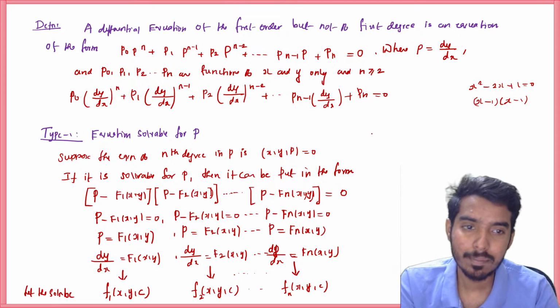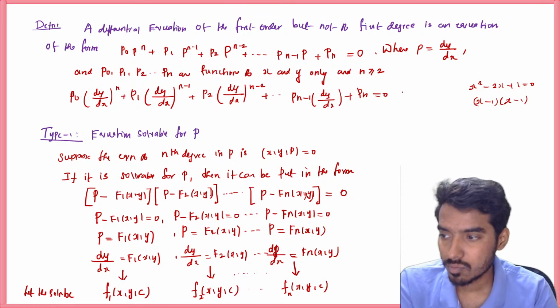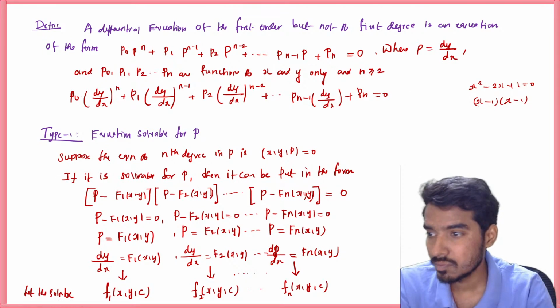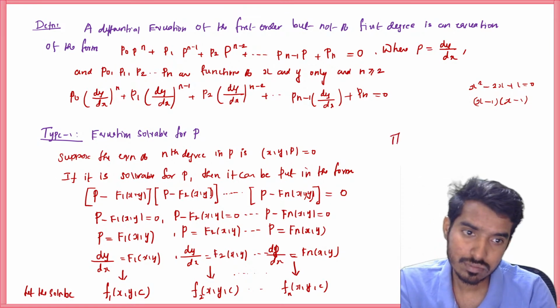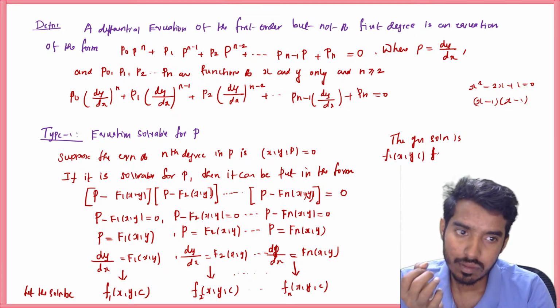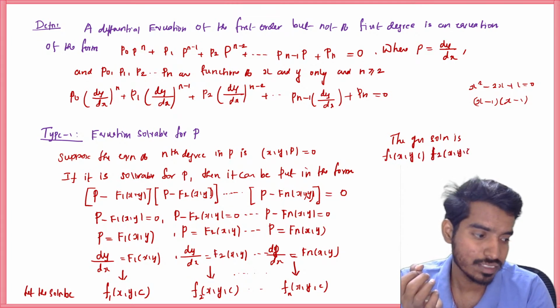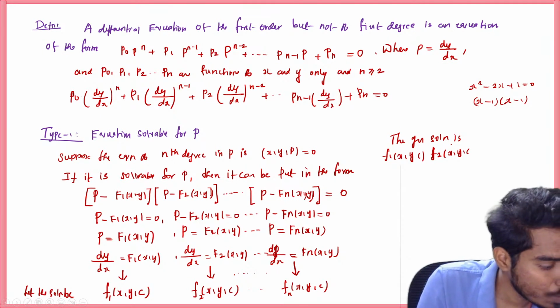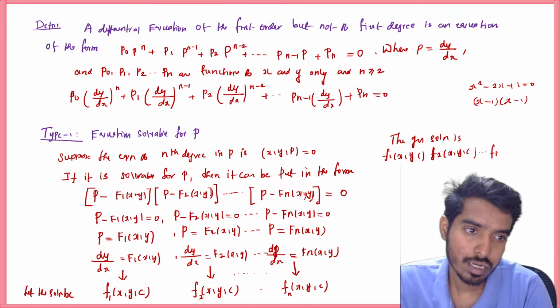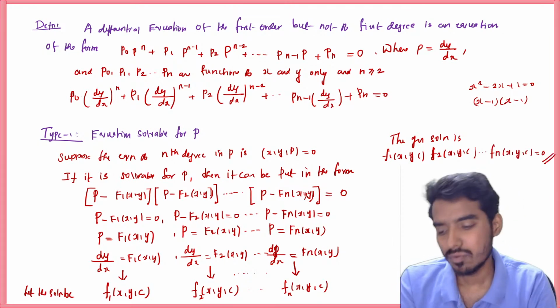So the general solution is just to multiply all the functions: f1 of x comma y comma c, f2 of x comma y comma c, and so on up to fn of x comma y comma c. So very simple.